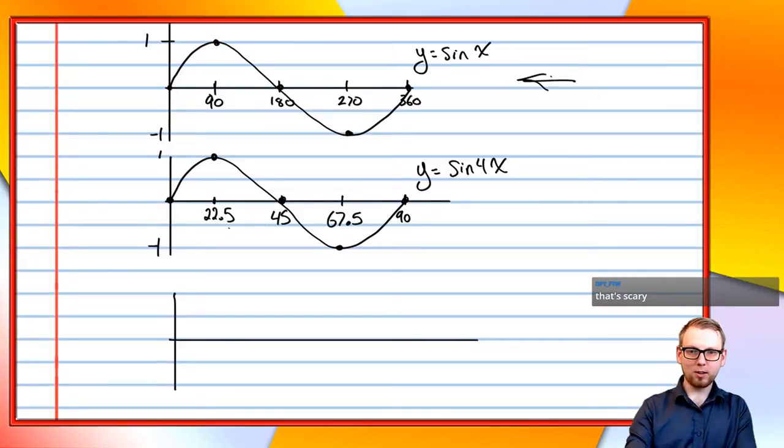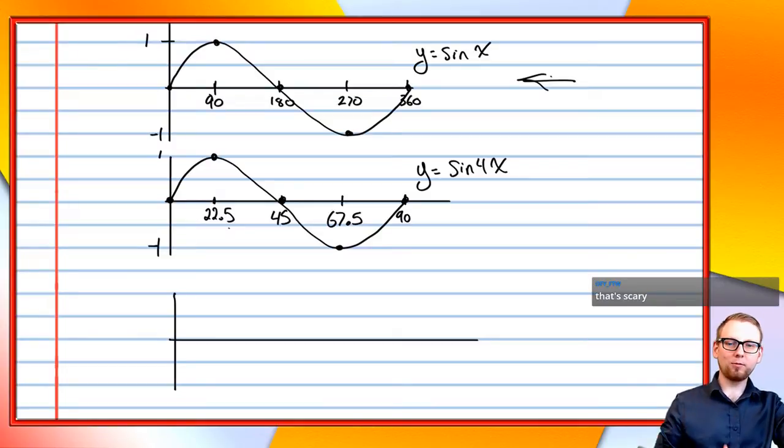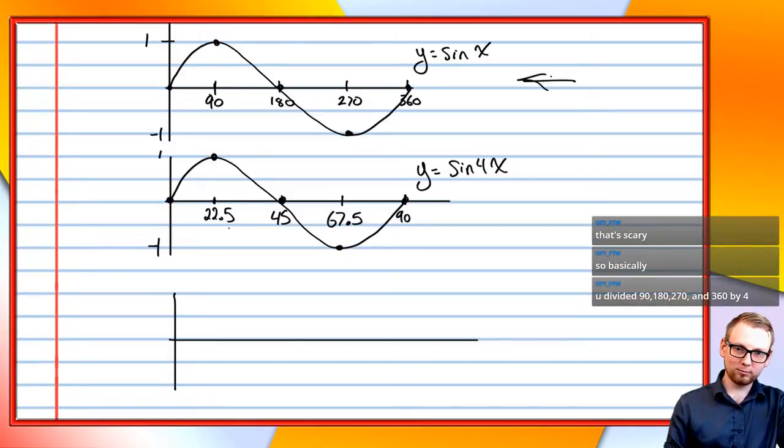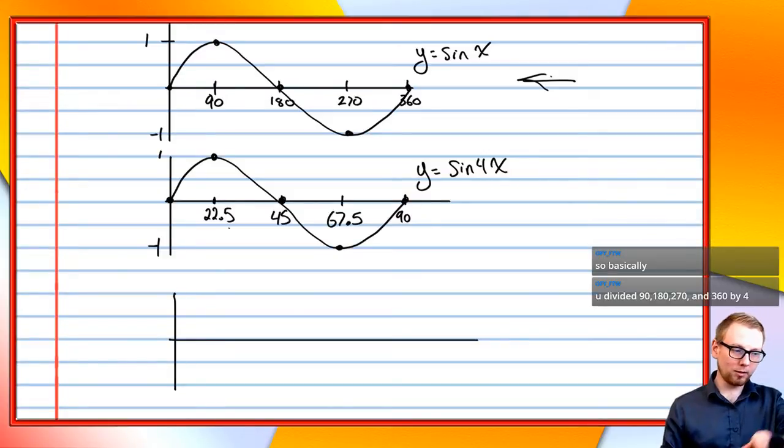Kind of like saying that 4 is 2 squared. That's just what the number is. 2 squared is 4. Yeah, that's all I did. That's how I got 22 and a half, 45, 67 and a half, and then 90.